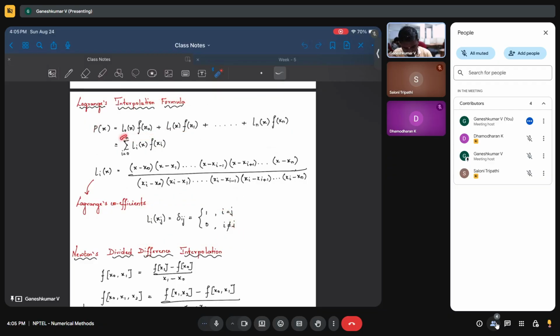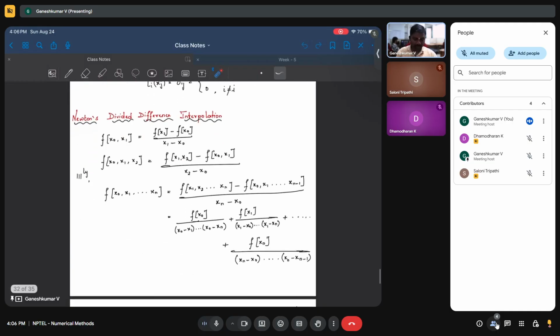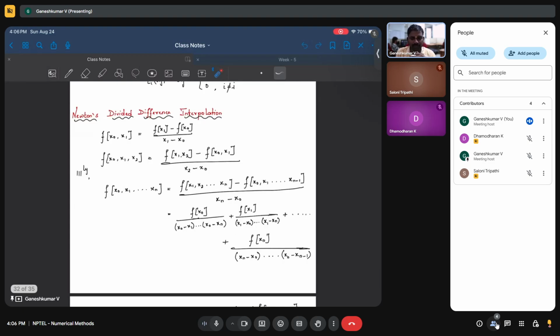It's a basic simple polynomial: L naught of x f of x naught plus L1 of x f of x1, and you continue till Ln of x f of xn. So if you have n data points, your Lagrange interpolation polynomial is going to have n terms. And then we have Newton's divided difference interpolation formula. For that we need to know what is divided difference.